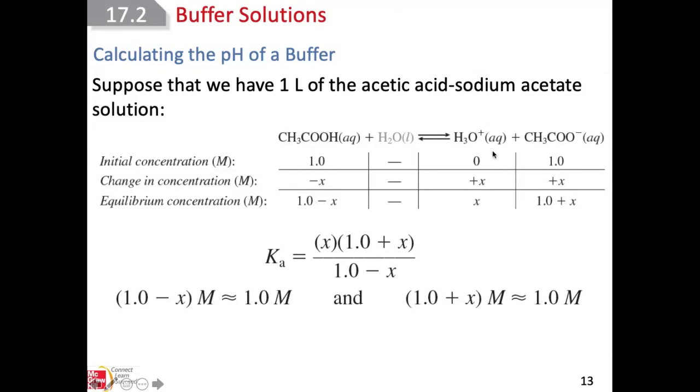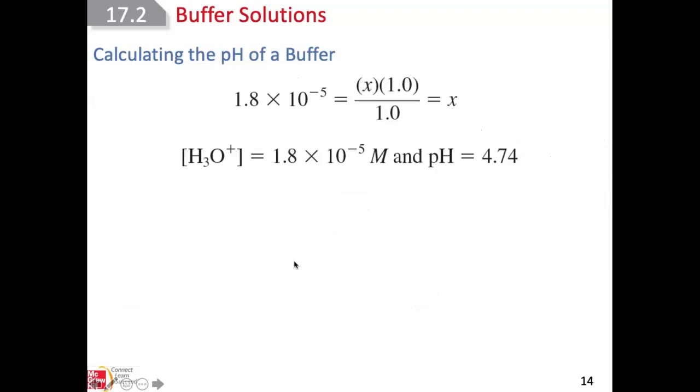There's no hydroxide here, but I have this conjugate base, the acetate, which comes from the salt, sodium acetate. The reaction has to move to the right to make up for the missing H3O plus. And we can find from here that the pH of that buffer solution is 4.74.